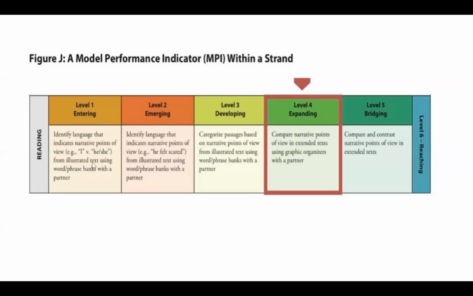The student support here is they'll have illustrated text, they'll have word banks, and they'll have a partner. So we're going from a lot of support and scaffolding until we do not need any support at all.